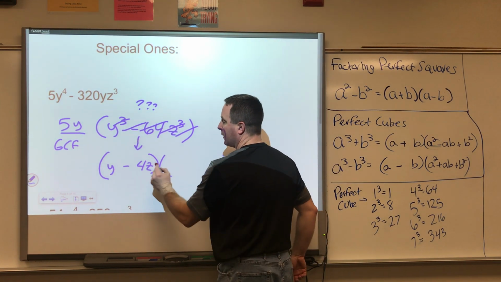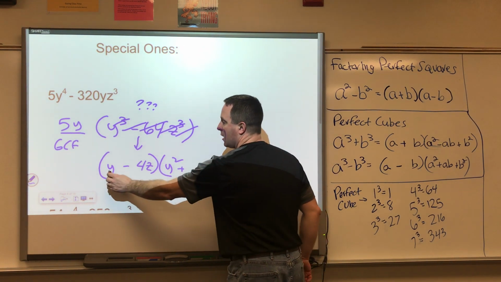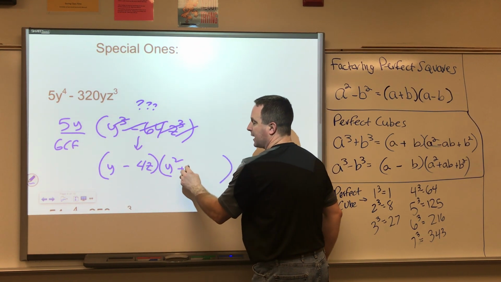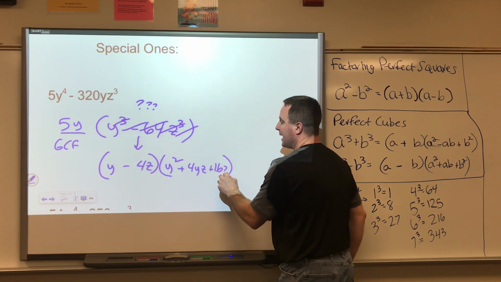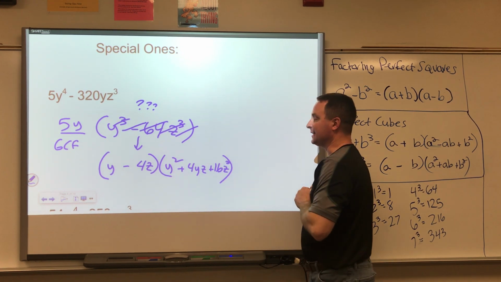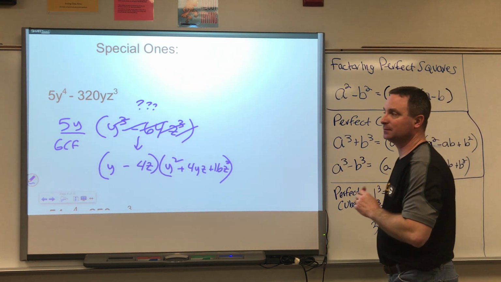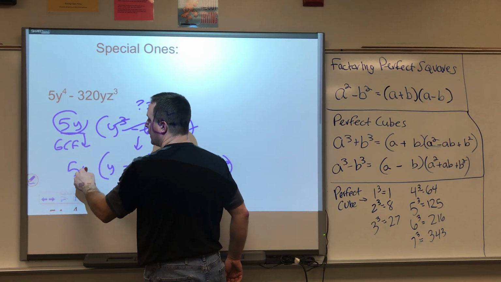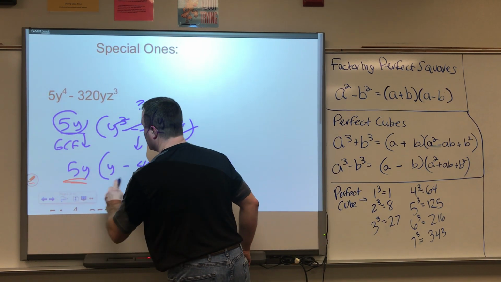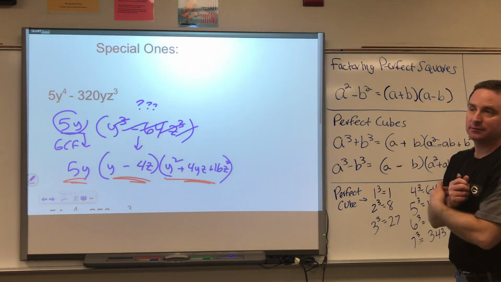And what I do is I square the first number, change the sign, multiply the two together, 4yz, and then square the last number. And again, it's 16z squared, not 8, but 16z squared. And then the 5 here just drops down and comes along for the ride. So this one has 1, 2, 3 parts to the answer.